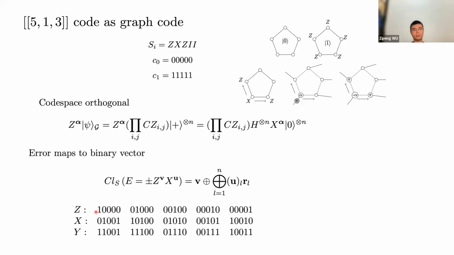For the Pauli Z, it would be something like this, and likewise for Pauli X and Pauli Y. So our code words is indeed able to correct the single qubit errors, because any pair of these added together will not flip the logical state from 0 to 1. This is completely reduced to the classical error correcting region.